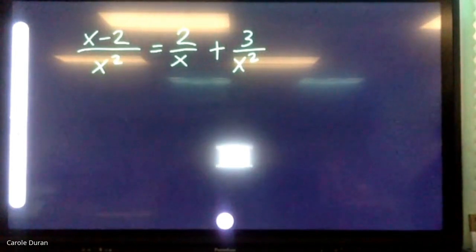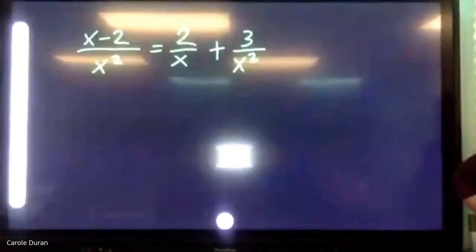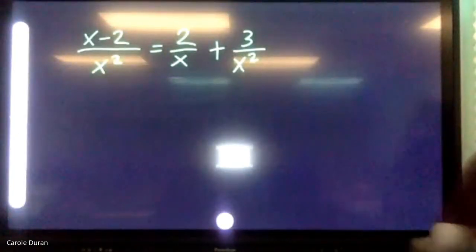Hannah, what do I need to do first? Okay, so I need to make them have the same denominator, right? So she already identified that my common denominator here is going to be x squared. Of course, I want to break down the denominators to figure out why, and then we'll go from there, okay?